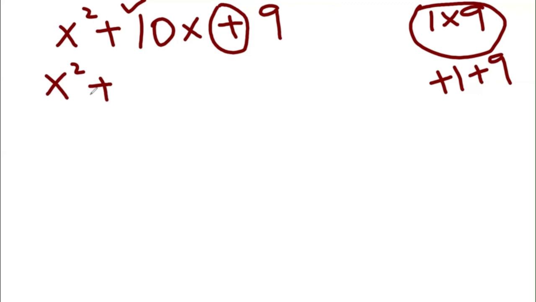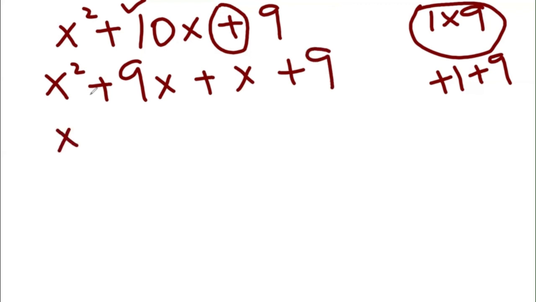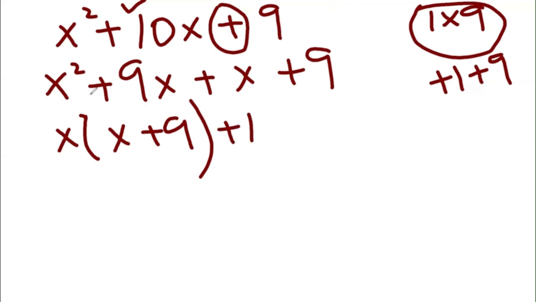So just start with this. 10x, you can write as 9x plus 1x also. It will not make any difference. Plus x plus 9. So taking common, x is common, and what is left? X plus 9. When nothing is common, 1 is common. So please learn this: when you see that nothing is common, it means 1 is a common factor.